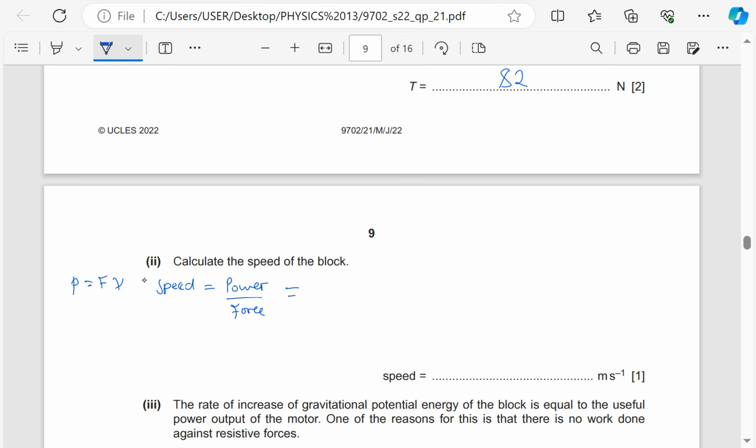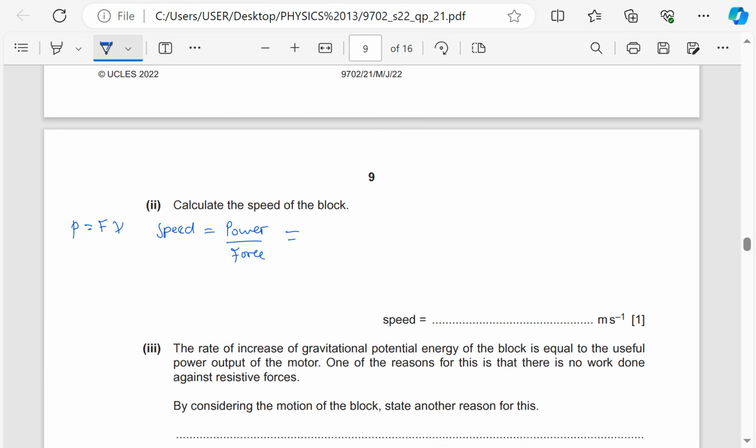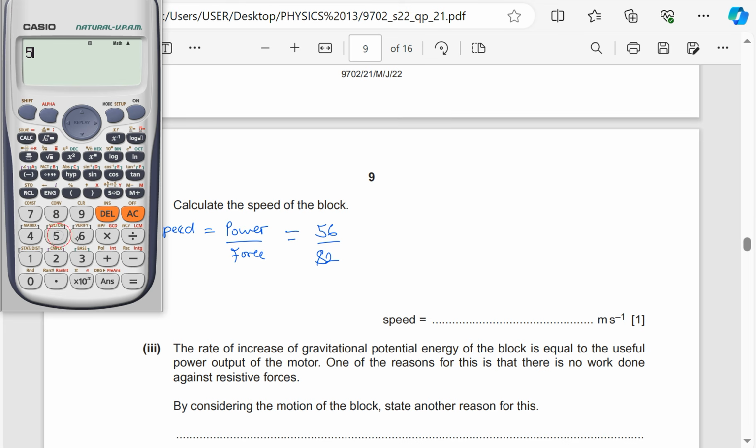What was the power? I think the power was 56. So the speed is going to be 56 divided by the force, which we have got as 82. So 56 divided by 82, and that gives us 0.68 meters per second.